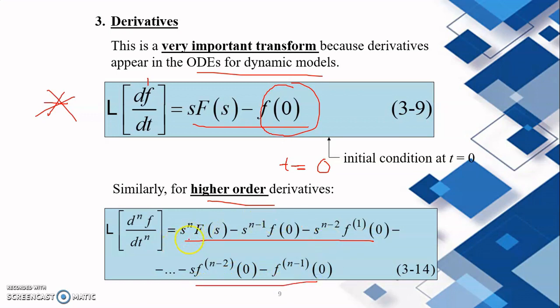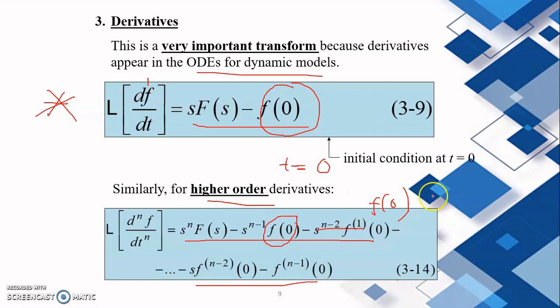For d squared, you have s squared F(s) minus s f(0) minus f'(0).